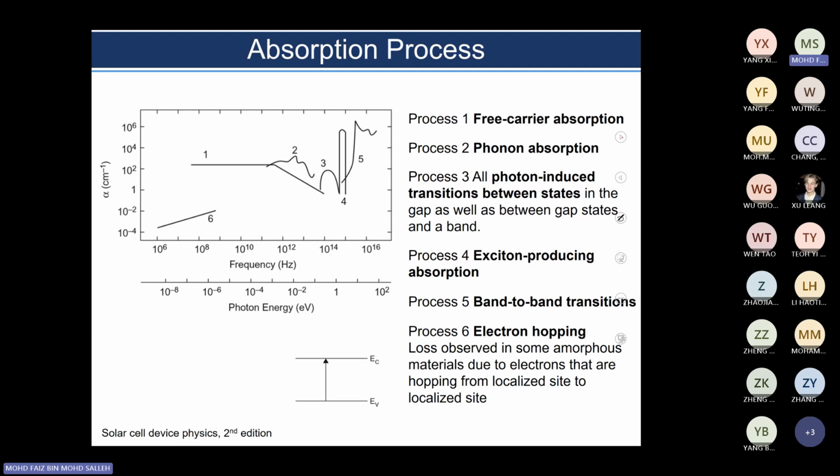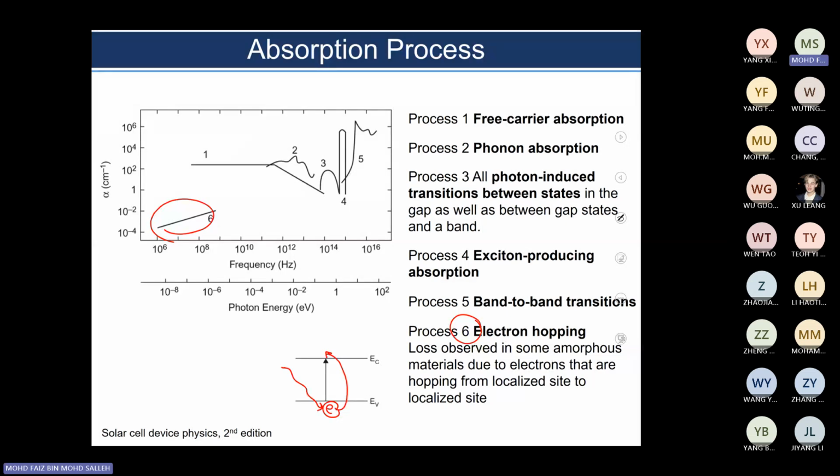If you increase more, the energy is absorbed by the electron, so the electron can go interband, from the valence band to the conduction band. This one we want for our source. And the last one, at lower energy level, we can have electron hopping. This electron hopping is usually at the same state or the same energy level. The electron just hops.